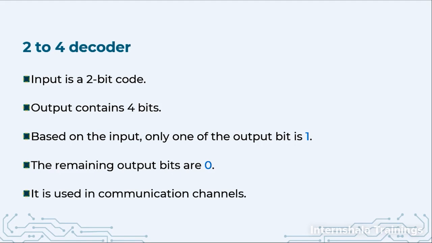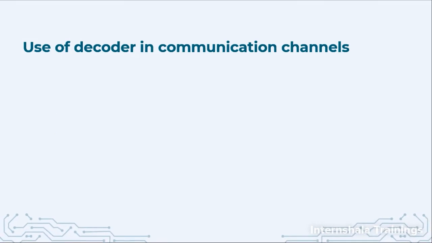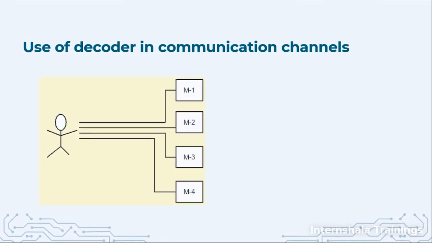So decoder is mainly used in the communication channels. So how do we use that? Here is a person who wants to communicate with 4 different persons. That means ideally he will need 4 channels. That means 4 wires or 4 lines. But then we say next day you can communicate with millions. So can we have millions of wires?